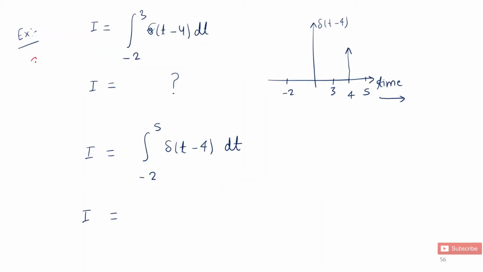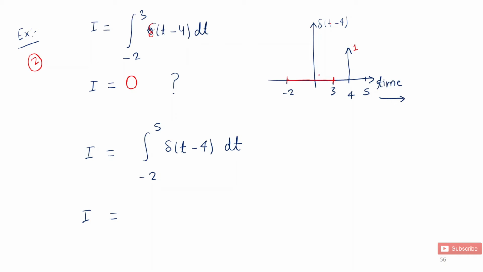Property number 2, if I equals the integral from minus 2 to 3 of delta t minus 4 dt. So this impulse signal is shifted, right, shifted to t equal to 4. Now if you have to find its area from minus 2 to 3, in this range the impulse signal is not there, so this I value is 0.